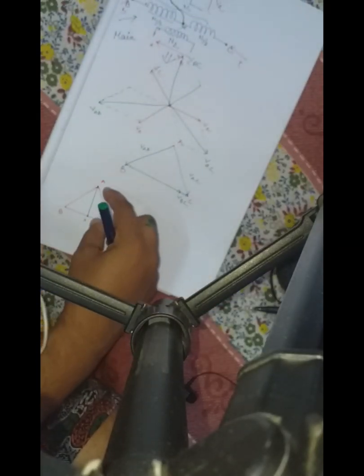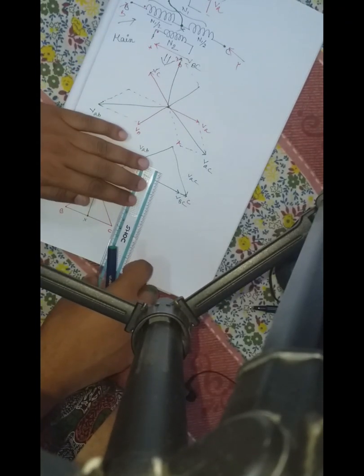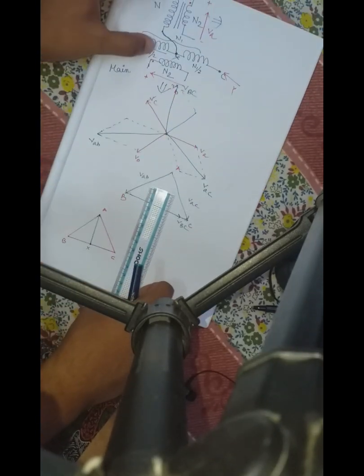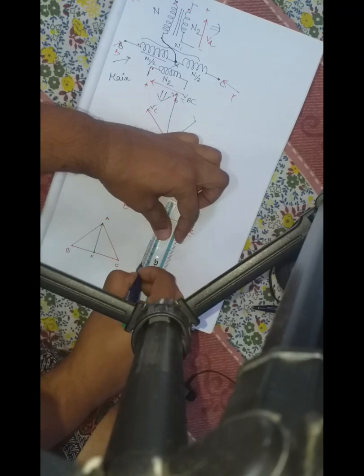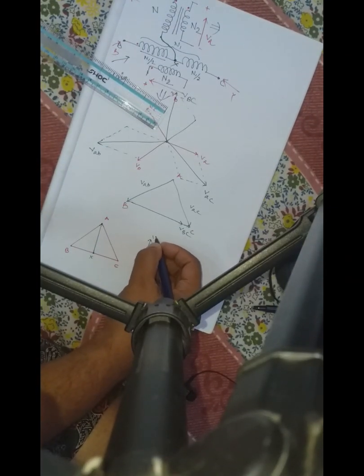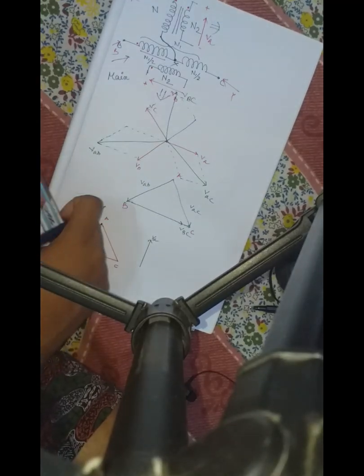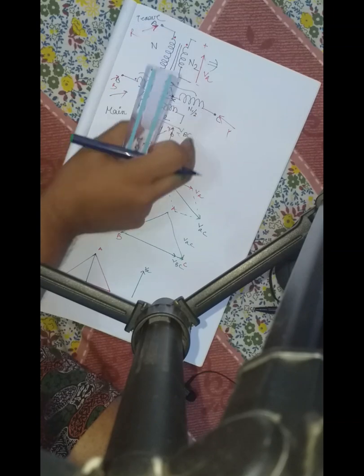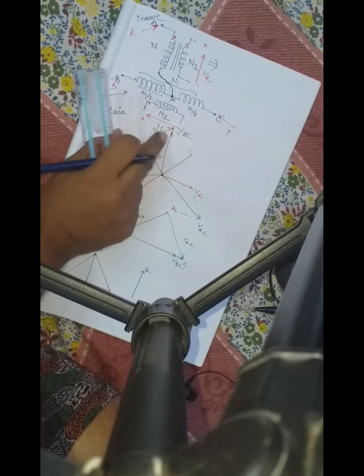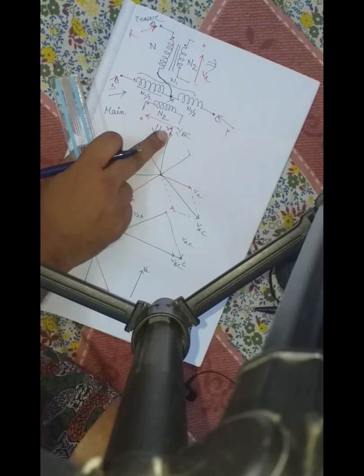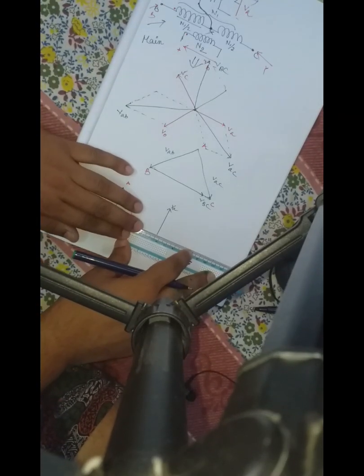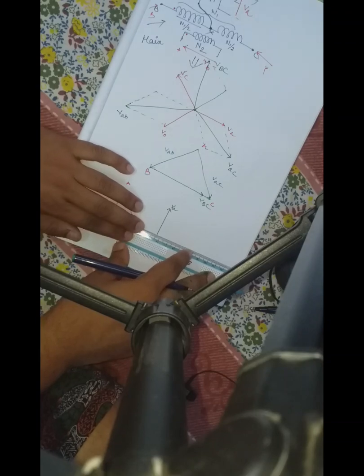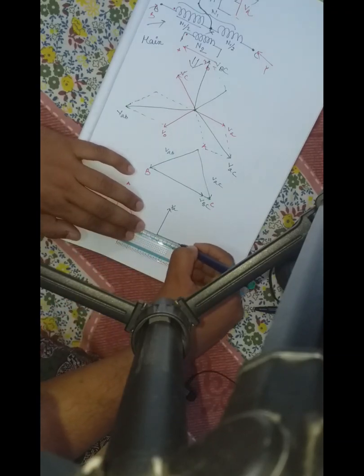So the VA phasor is like this, like the AX phasor. So this is VA, and the voltage BC phasor is parallel to the voltage B phasor. The voltage BC phasor is this. So the VB phasor is like this.